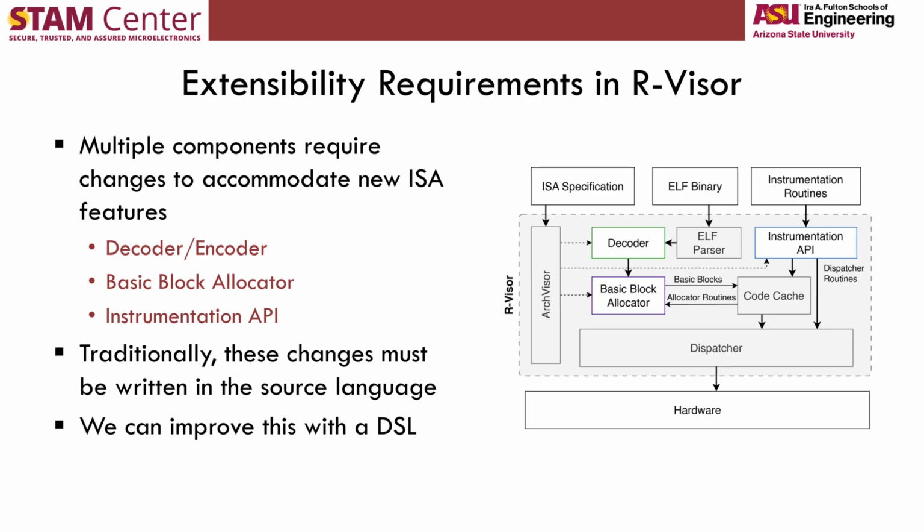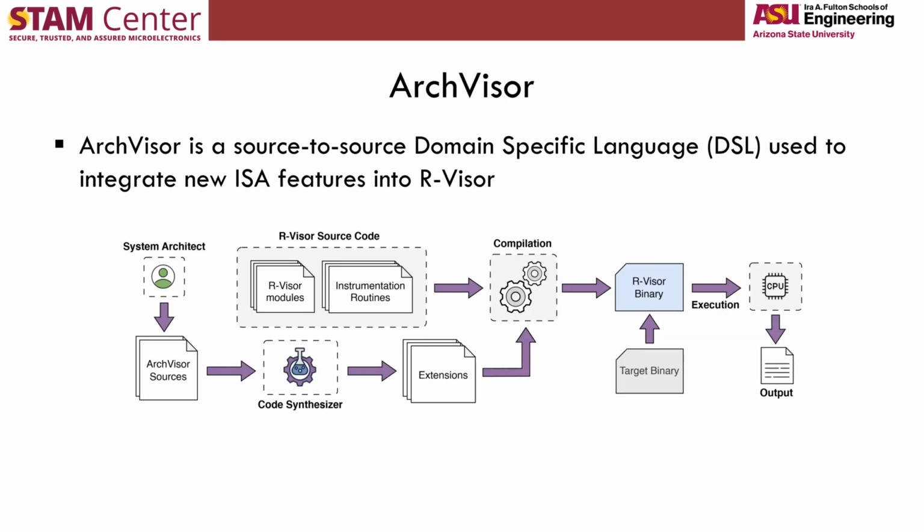Now, in any traditional tool, if there's any ISA change, this has to be specified within the source of the underlying binary instrumentation tool. However, we can help automate this by using a DSL, where we can concisely specify the various ISA components, and these can be integrated back into the tool. We're able to achieve this using ArchVisor.